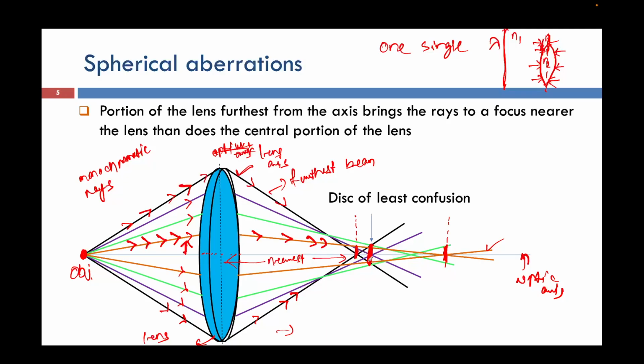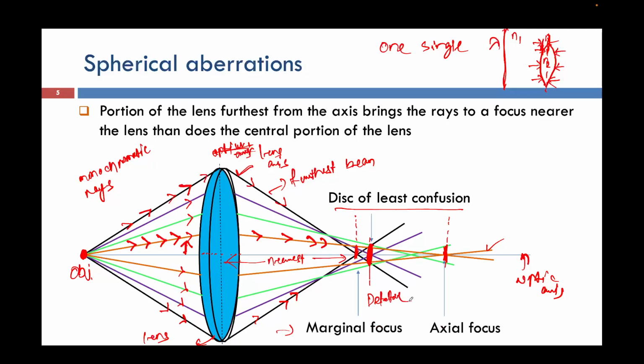If you want a good image, you want as many beams as possible generated from the object. So you want to get all the refracted beams after refraction from this lens, and this will give you the disk of least confusion. That means if anyone asks where the detector will be, on the disk of least confusion you can put your detector.